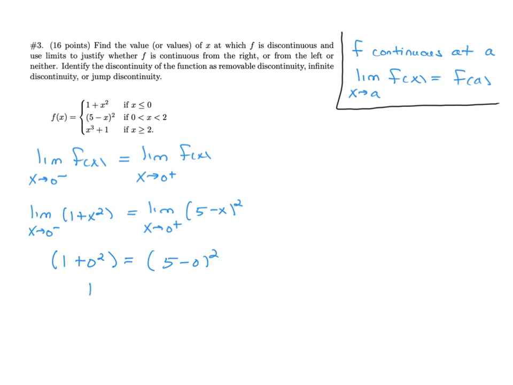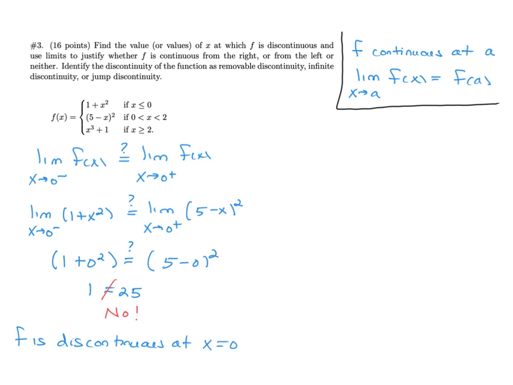Or, does 1 equal 25? And the answer is no. So do these things actually equal each other? They do not. So this is enough to say f is discontinuous at x is 0.